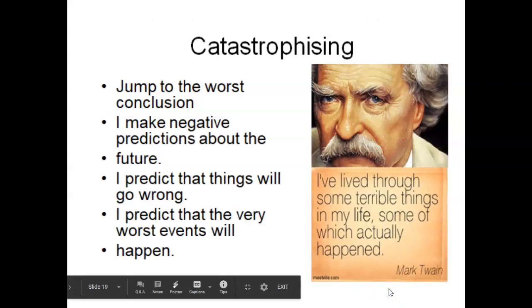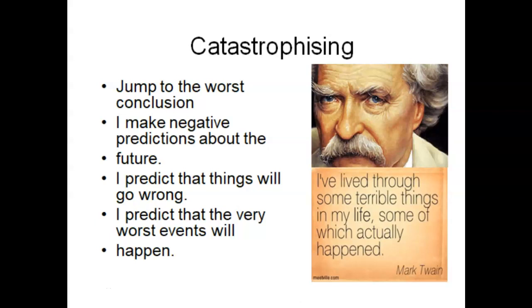Catastrophizing, so this is the one that I really do, and this is where you jump to the worst possible conclusion, often very, very extreme. You make negative predictions about the future, predict things are going to go wrong. It's always the very worst. So an example that I would give you is around my husband. If he's late from work, I don't just think, oh, he's got caught up, somebody's caught him in the corridor, he's stuck in traffic.